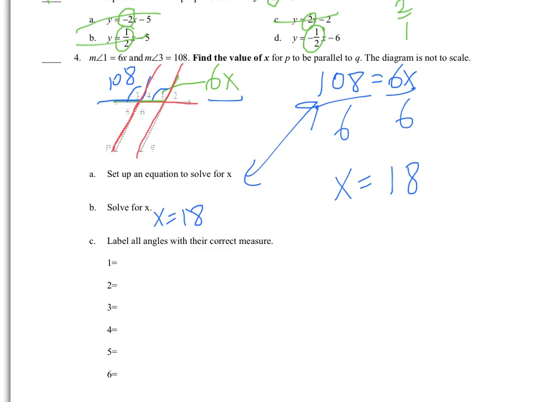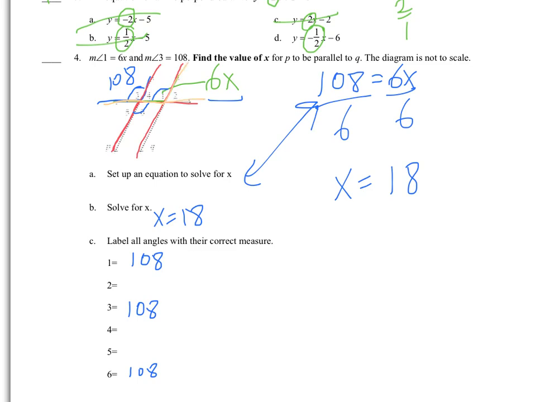And now, the one they gave us, angle 3, that was 108 degrees. We already said that angle 1 was congruent to that, so that's also 108 degrees. Notice that angle 3 and angle 6 are vertical angles, so they're congruent, so angle 6 is 108 degrees. Let's look at these two angles right here, angle 1 and angle 2.